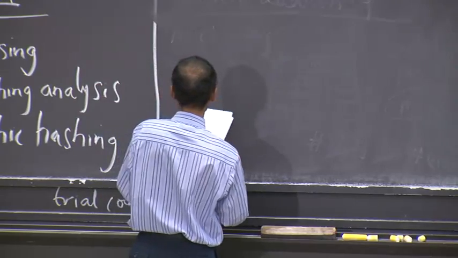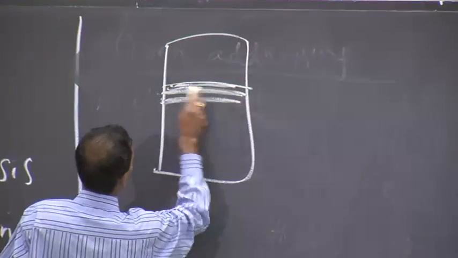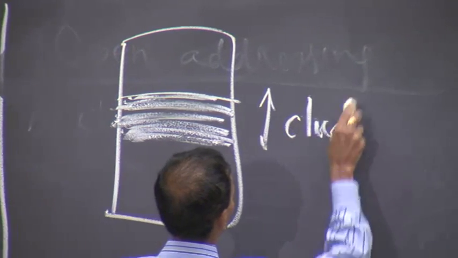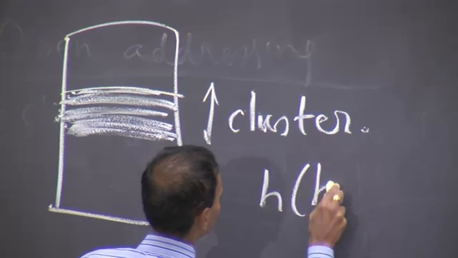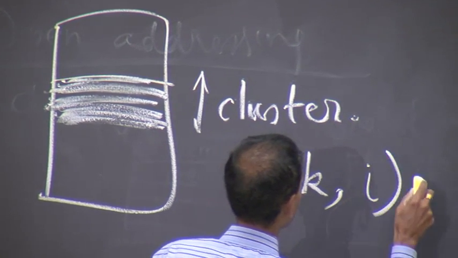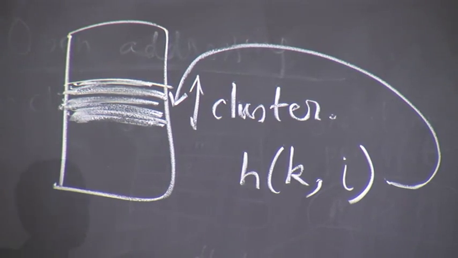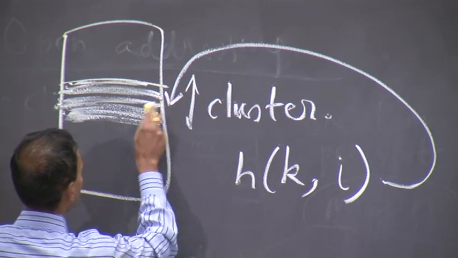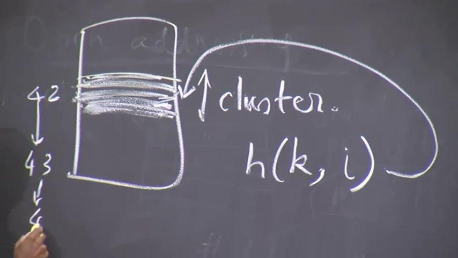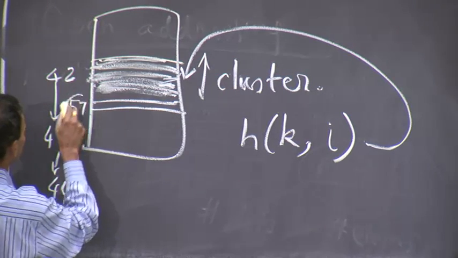So what's happening here pictorially is that you have a table, and let's say you have a cluster. And this is your cluster. So if h(k, i) maps to this cluster, linear probing says that if you map to 42 in the cluster, the next thing you're going to try is 43, 44, until you get maybe to this slot here, which is 57, for argument's sake.